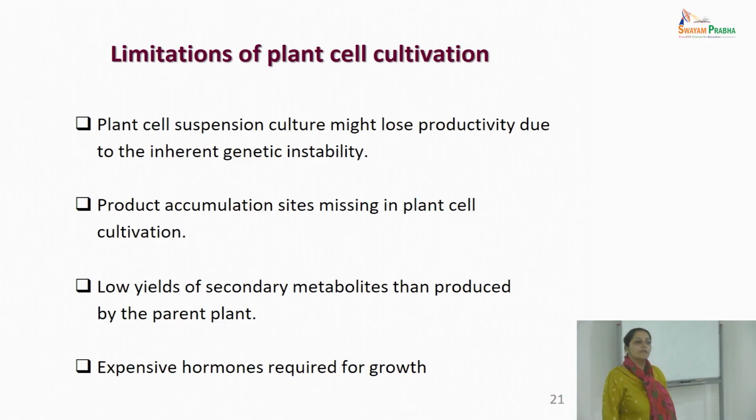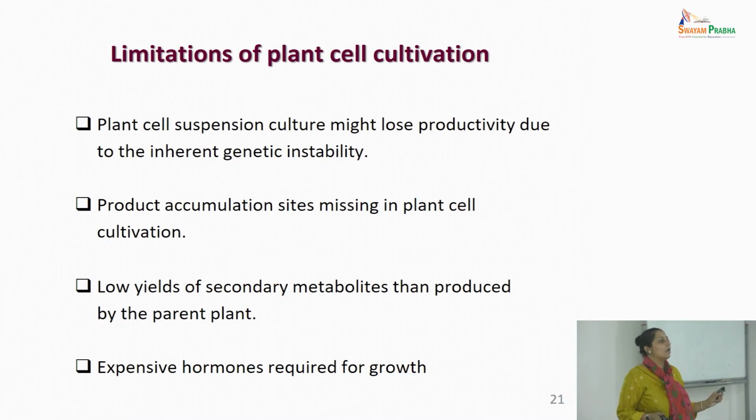The minute you come to in vitro cultures, the untransformed or non-optimized wild-type callus, you will see that the yields are multiple folds lower than what is present in nature. So you will have to think at least 10 to 20 folds, so that whatever optimization strategies we propose should be able to at least match up the nature's yield.